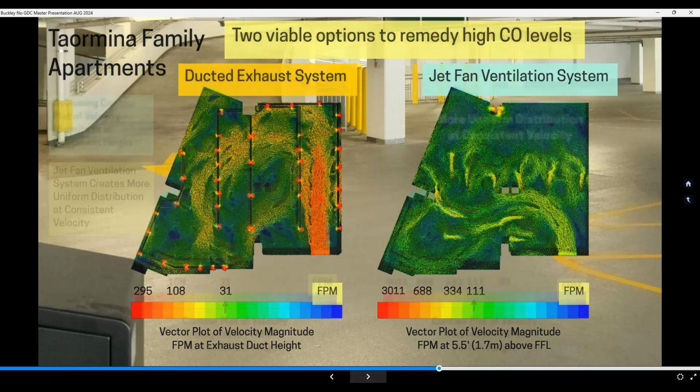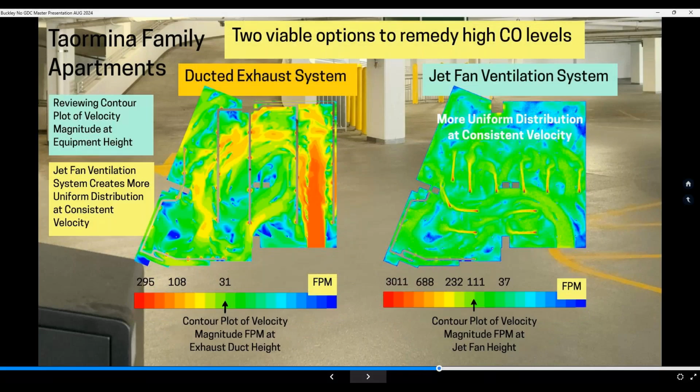But let's also then look at the contour plot of velocity magnitude at the duct height and at the jet fan height. And what you see here is there's a more uniform distribution at the consistent velocity. Okay, you have high velocities entering the rampway of the garage, and then it slows down drastically, where you get an average speed of about 31 feet per minute.